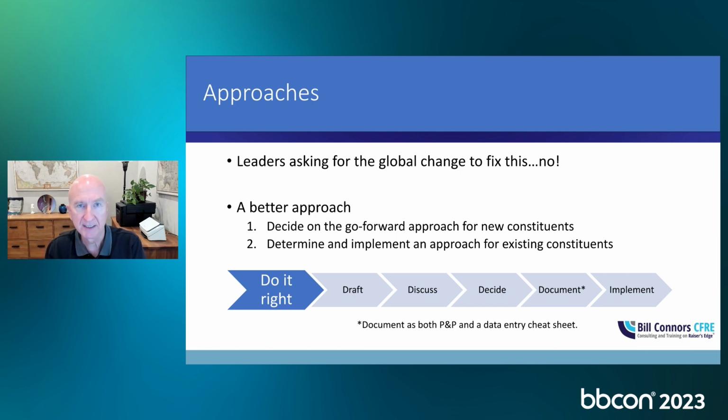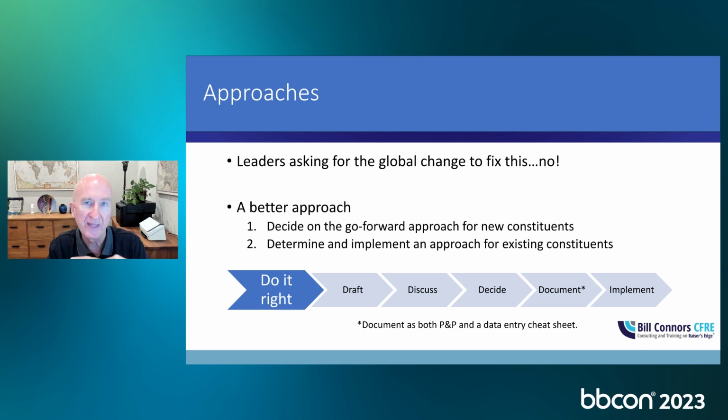We'll talk more about this in a minute, but sit down and decide what your go-forward approach should be. So you've got a new constituent, an incoming class of students and their parents, or a new set of donors at the end of your appeal or your acquisition appeal, and you've got their information. They need to be entered into the database with brand new addresses and salutations.